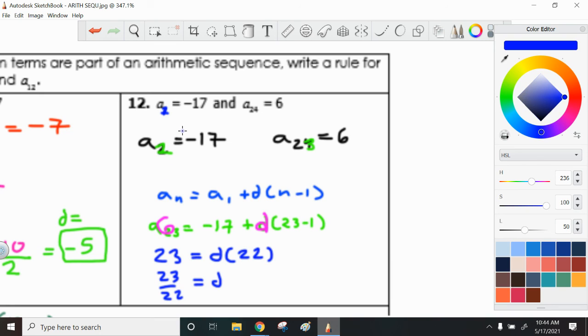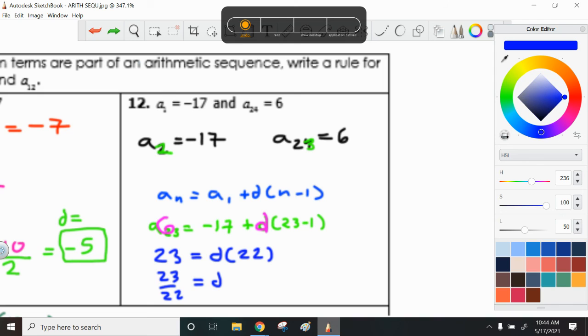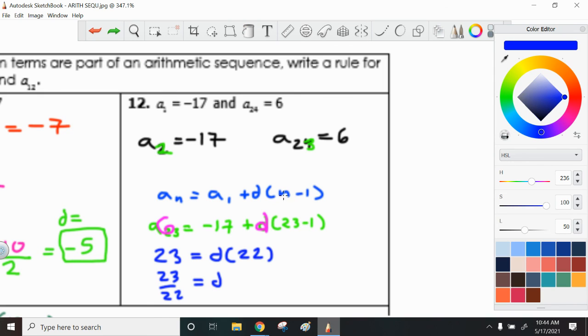What did you have it as? You had it as A2 and you had it as 1? So what did I do wrong then? Minus 17, 23. 23 minus 1 should be 22. I don't know. I think the answer is 1. I'm not sure what I messed up here. This is a funky question.